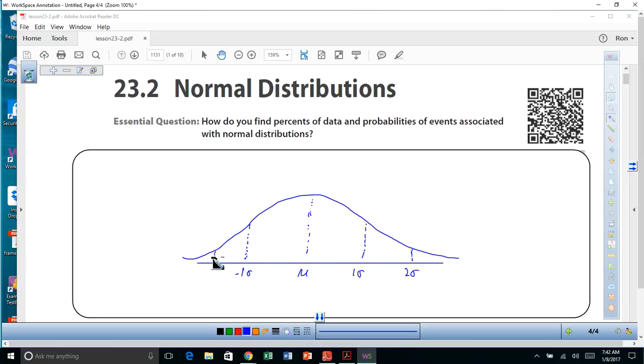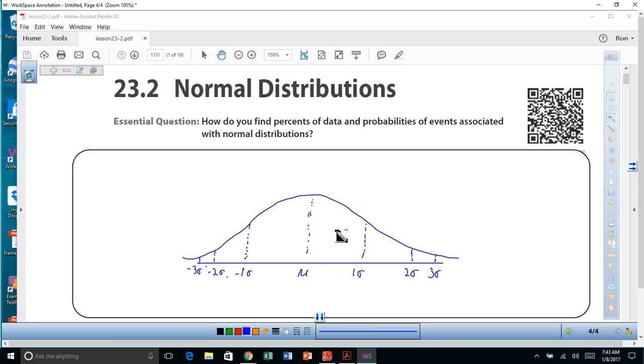Down here where it kind of cups, that's -2 standard deviations. And then, of course, down here somewhere is 3 standard deviations. And then over here, -3 standard deviations. That's negative.